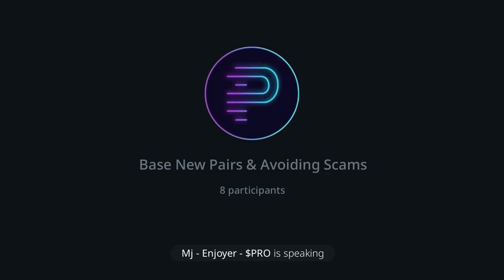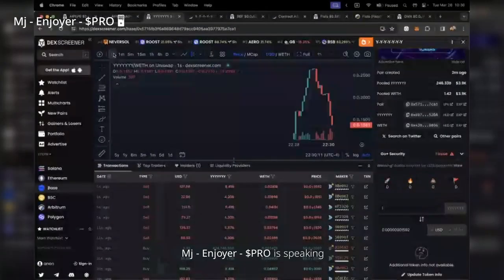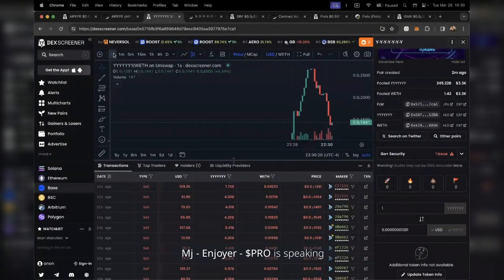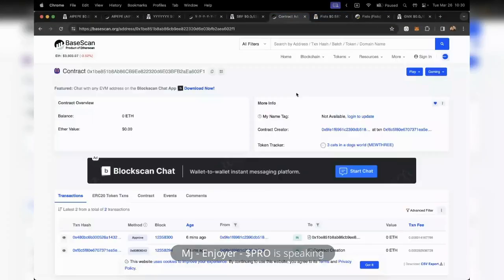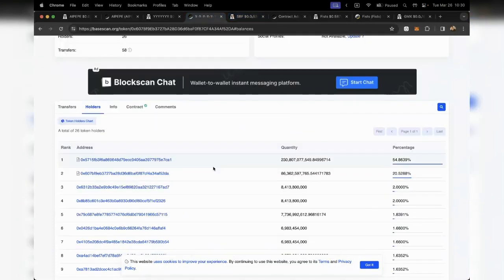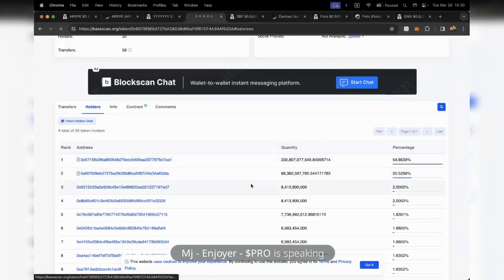Oh, look at that chart. See? What happens is the initial taxes are set high, let's say 20%. All of that taxed funds goes into the contract. If I go over to it, all of the initial taxed funds go into the contract right here. So if I click this, you're probably going to see a lot of transactions flowing into it, like transfers.